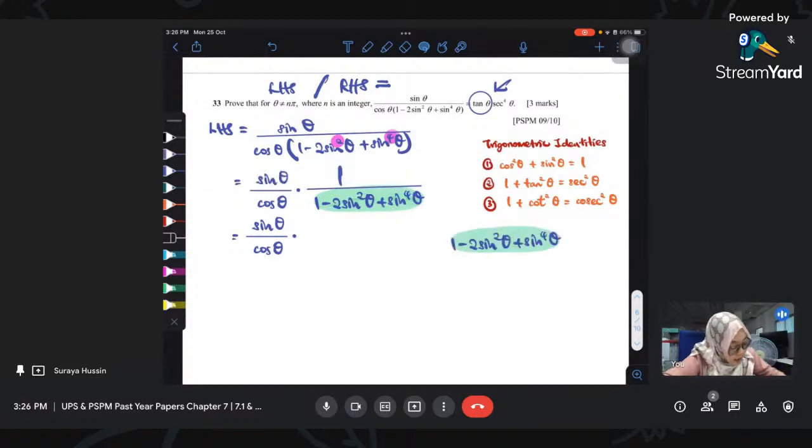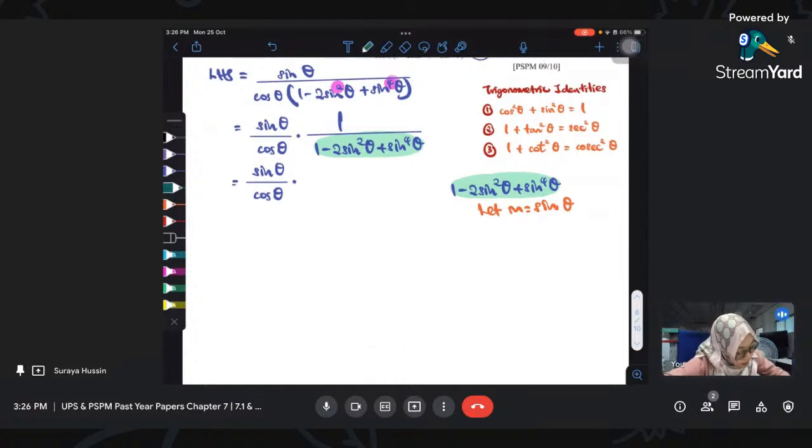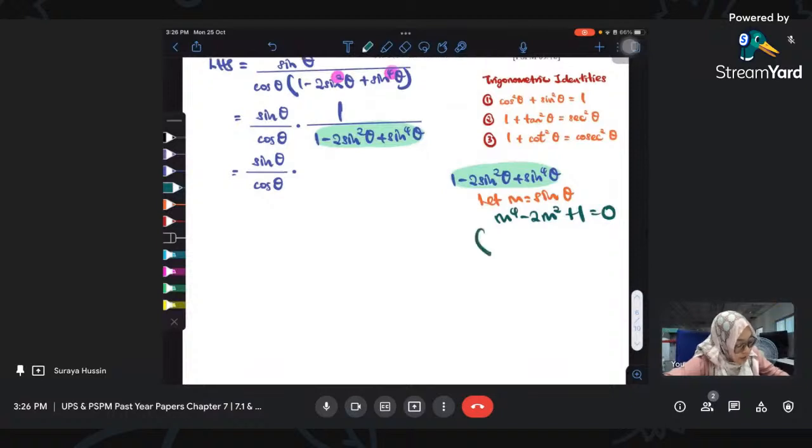So let's say let m is equals to sine theta. Therefore, I get m to the power 4 minus 2m squared plus 1, like that. Let's say is equals to 0. Let's just say anyway. And you know that you can factorize it.